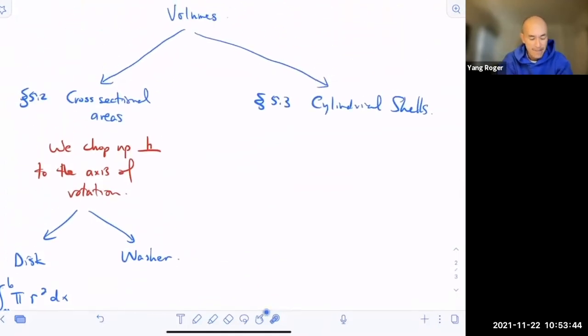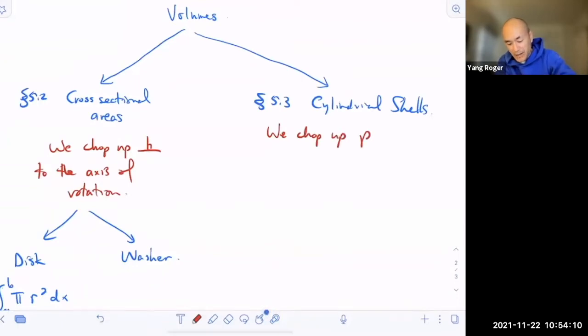Now that I've said all of that, that was all earlier stuff. What we want to do now is look at cylindrical shells. The reason I emphasize that you master the washers and discs first is that when we talk about cylindrical shells, we chop up parallel to the axis of rotation.